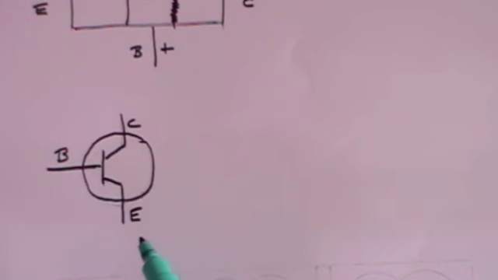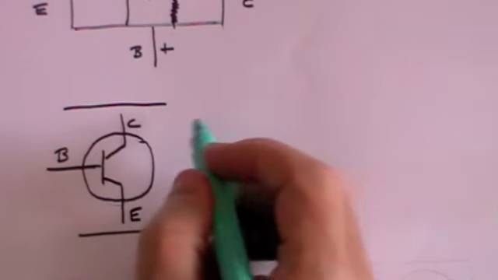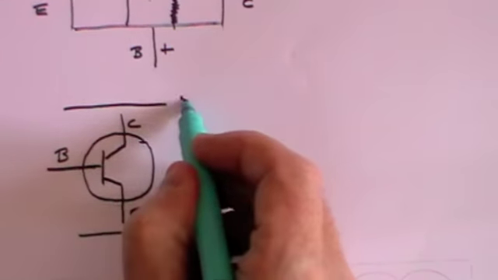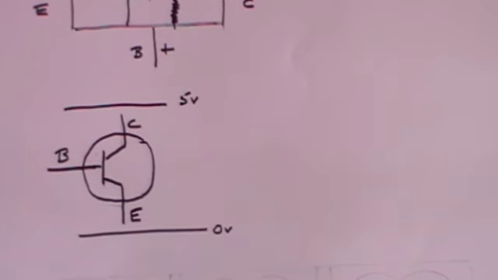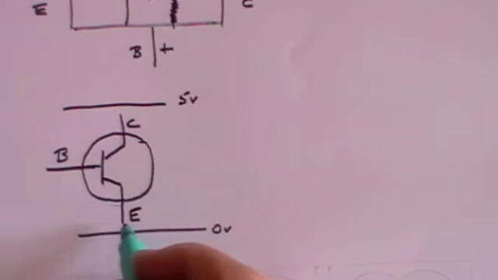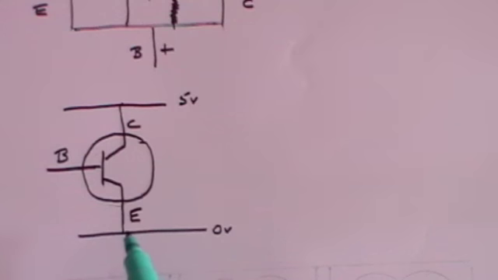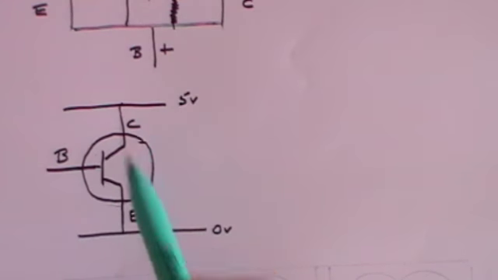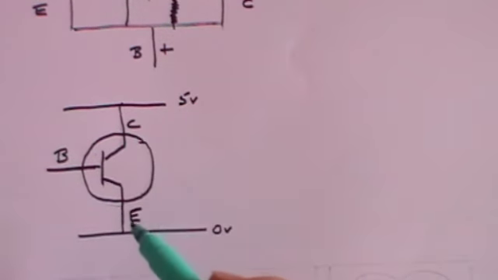And the same principle applies, that if there is a voltage, it varies for different transistors, but let's say you have 5 volts here and 0 volts here, then, and we better join up the wires so that there is a link, and the position is that no current will flow. The electrons are going in this direction from the emitter to the collector, so the conventional current is coming in this direction down the voltage.